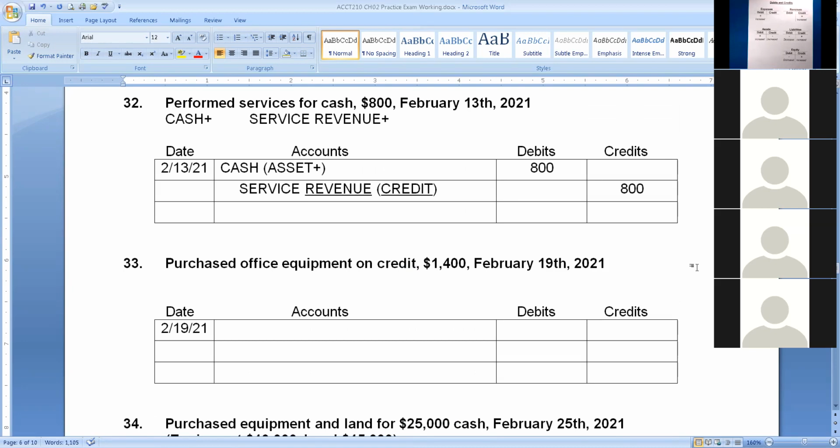Okay, so we have office equipment. You just put equipment. So our office equipment is going up, and the liabilities are going up, right?